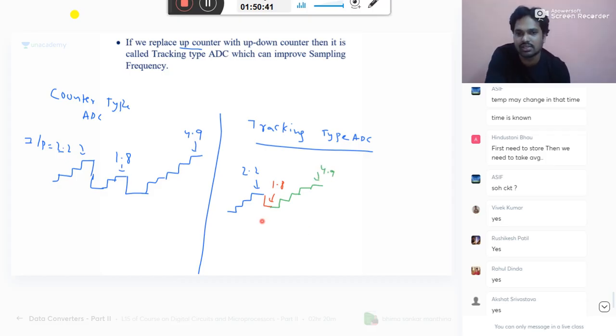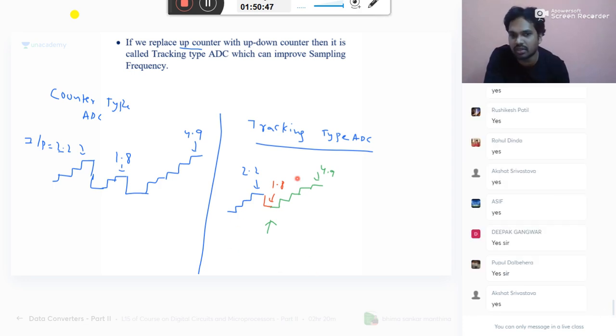What is the advantage here? It can save some time. Here also there may be a disadvantage: you may be at the peak, it may be zero, and it may come back. That is there definitely. But it depends on the data. Every time may not save time, but in most cases it will save time. So here, sampling.